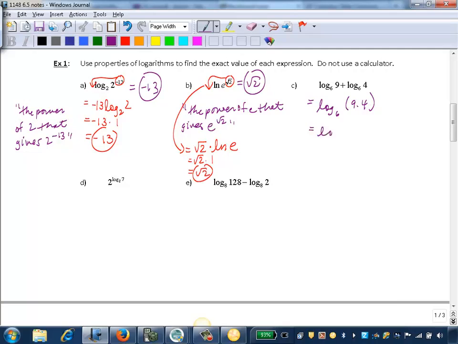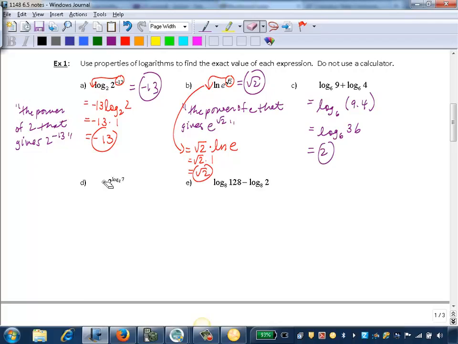This is the same as log base 6 of 36. Now this is asking for the power of 6 that would give us 36, or 6 to what power gives us 36? And we can see that would be 2. So in this case, it's very useful to add these logs together and combine them into this product, and we can, upon inspection, evaluate this log.